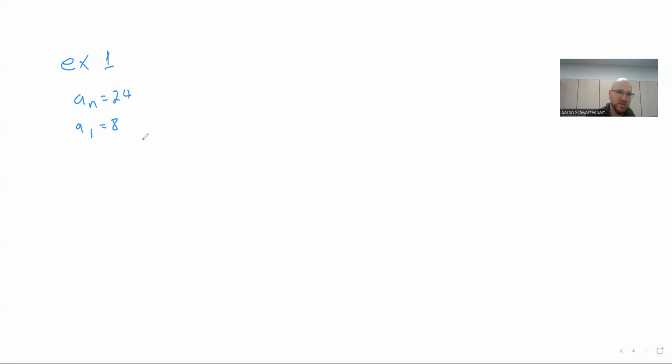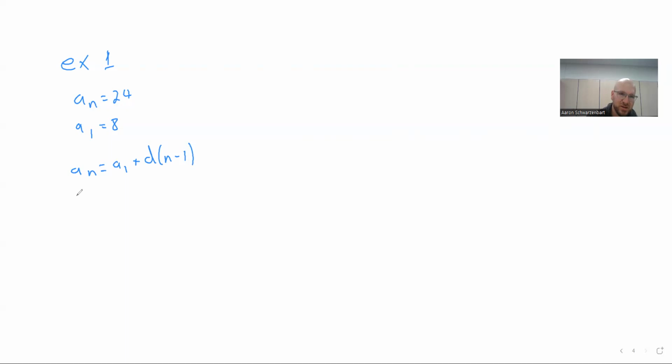Well, in order to use this formula, I need to figure out which row this one with 24 seats is. This is small enough I could count, but I don't want to, and sometimes it's not going to be small enough to count. So I'm going to use my arithmetic sequence explicit formula to find n.